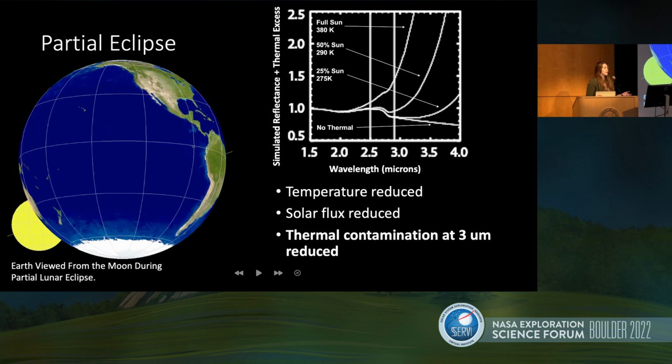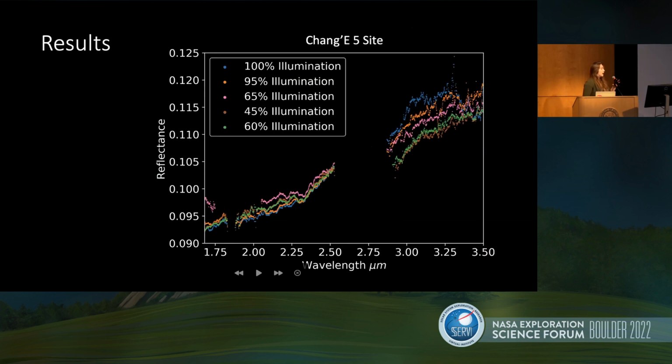So looking at the Chang'e 5 site, here's some spectra from those 5 different observing conditions. On the top is 100% illumination, and that does not show an apparent band. The 3 micron data is in line with the upward slope of the spectrum, or the continuum of the spectrum.